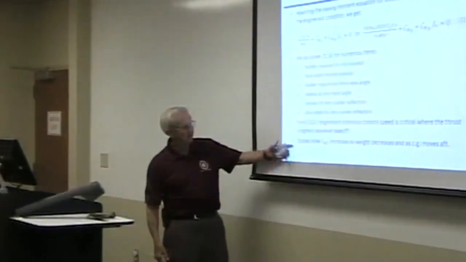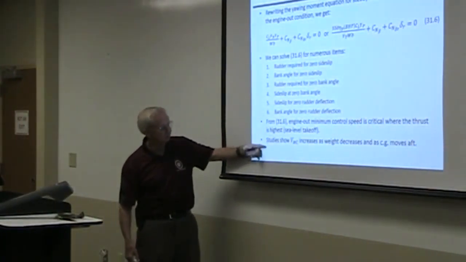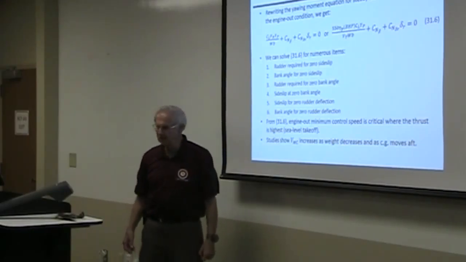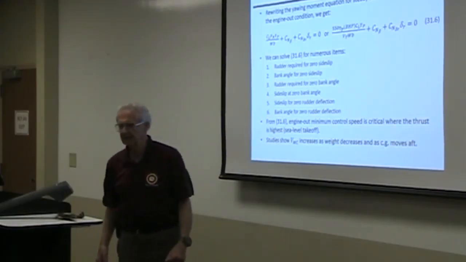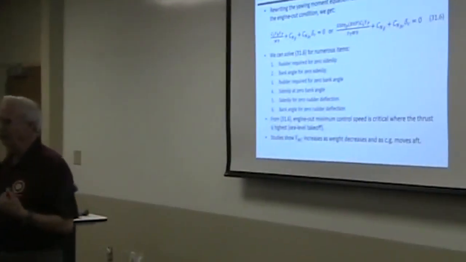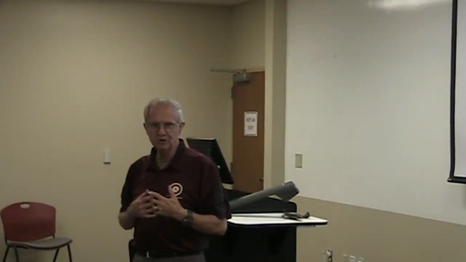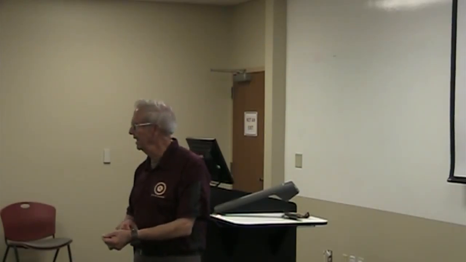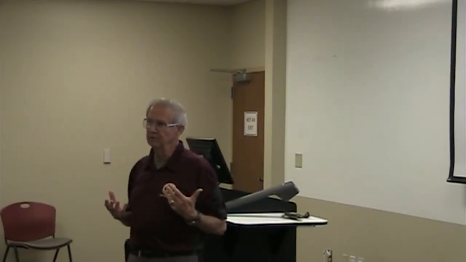Well, Les showed through his mathematics that VMC increases as weight decreases. Now, if you go back, the rule doesn't say anything about that. And so most airplanes of this category were tested at, everybody just assumed it was gross weight.